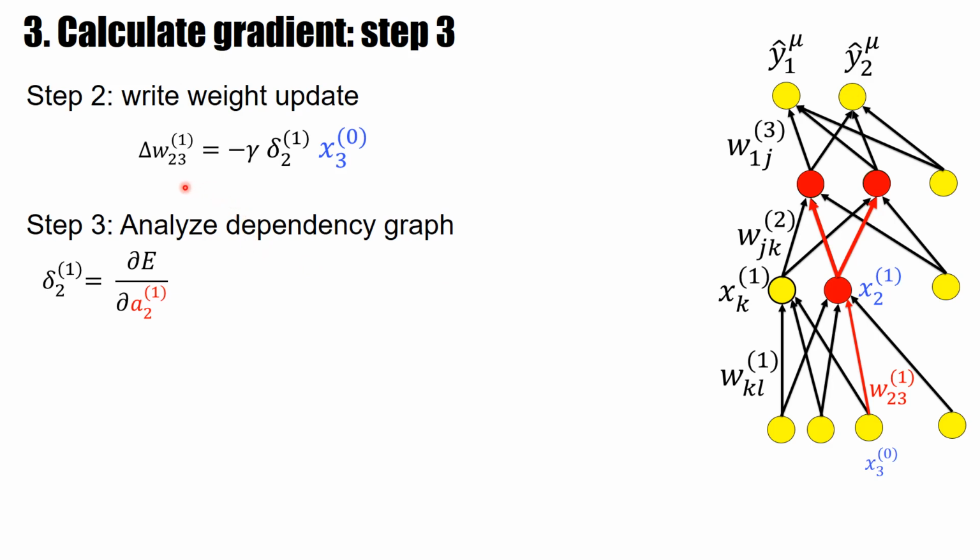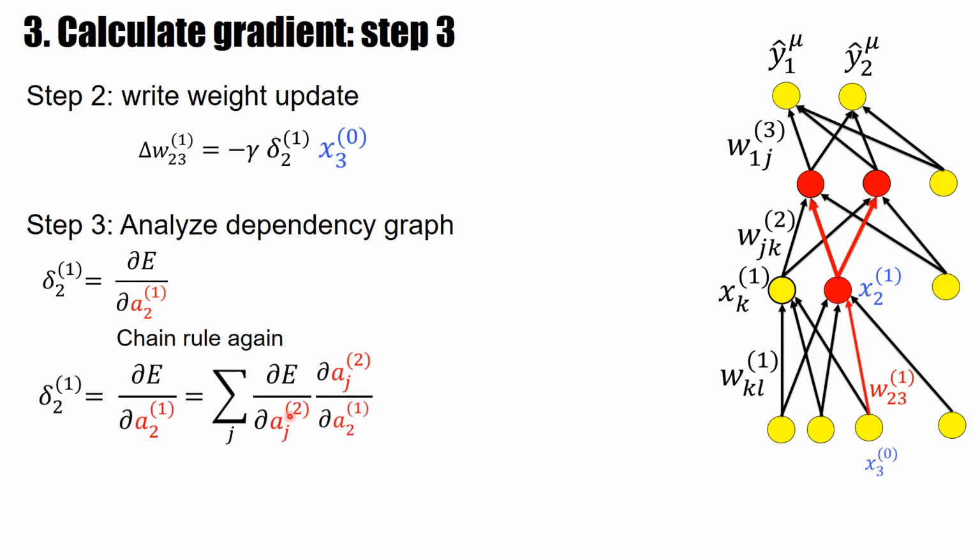So let's look back at this graph. We have set here the delta that goes into this product can be calculated like this. Now this is sort of a little bit of a cheat because we still don't know how to calculate this. And so we have to apply the chain rule again.